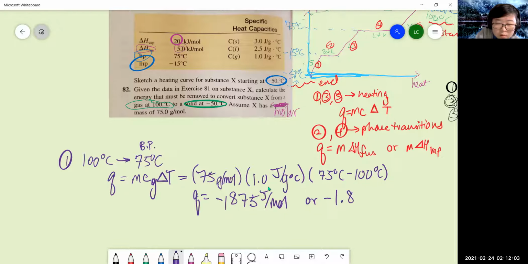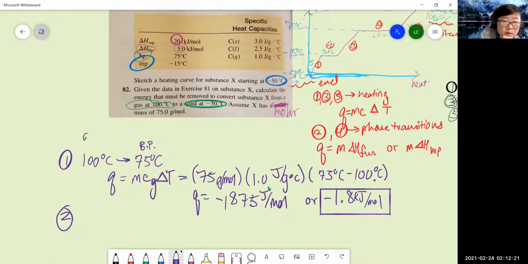Using correct sig figs, 1.8. Remember, there's a dot there. Kilojoules per mole.